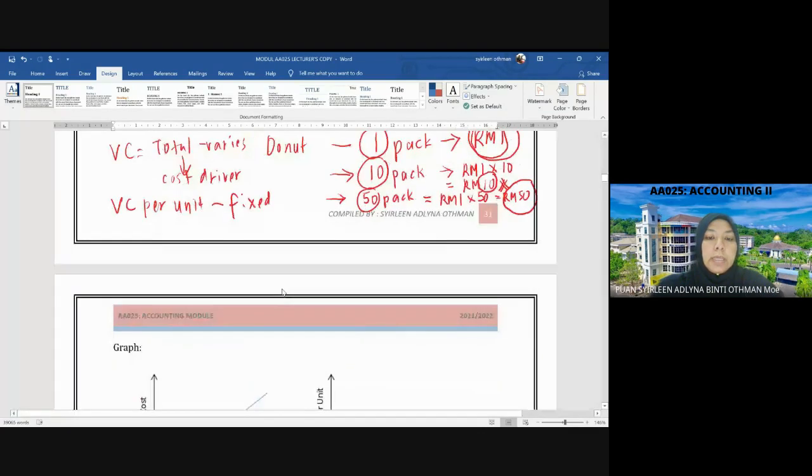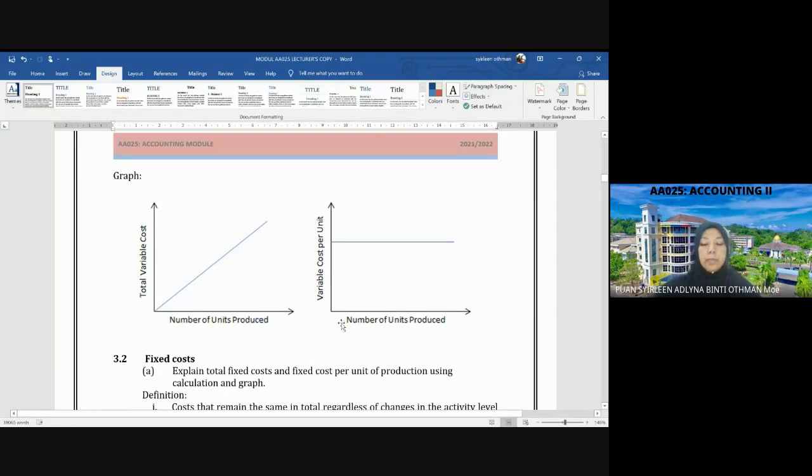Okay, kita tengok graph. Alright, so graph ni dia explain how we look at variable cost in our production lah. Okay, so kalau dalam bentuk total, alright, so you tengok dia berlaku increase kan secara berkadaran. Okay, so graph dia memang bentuk macam ni lah. Alright, tetapi kalau kita tengok variable cost per unit, okay, based on the number of unit produced, nilai dia kekal.